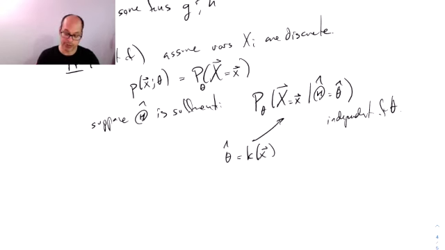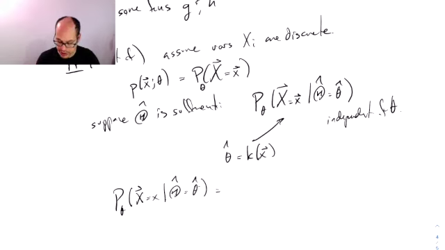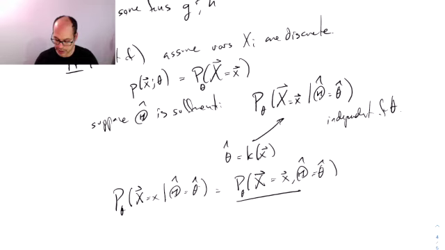Okay. But what is this conditional probability? The probability that X equals x given theta hat equals theta is just the probability that X equals x and theta hat equals theta, divided by the probability that theta hat equals theta.